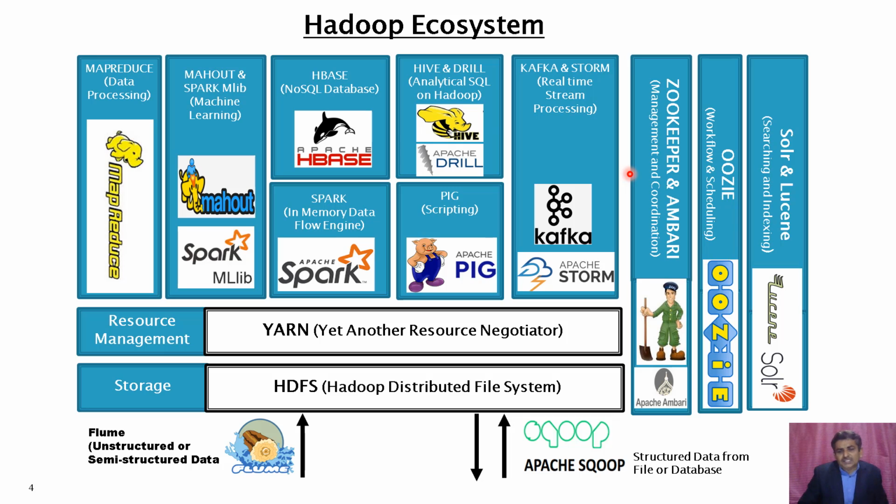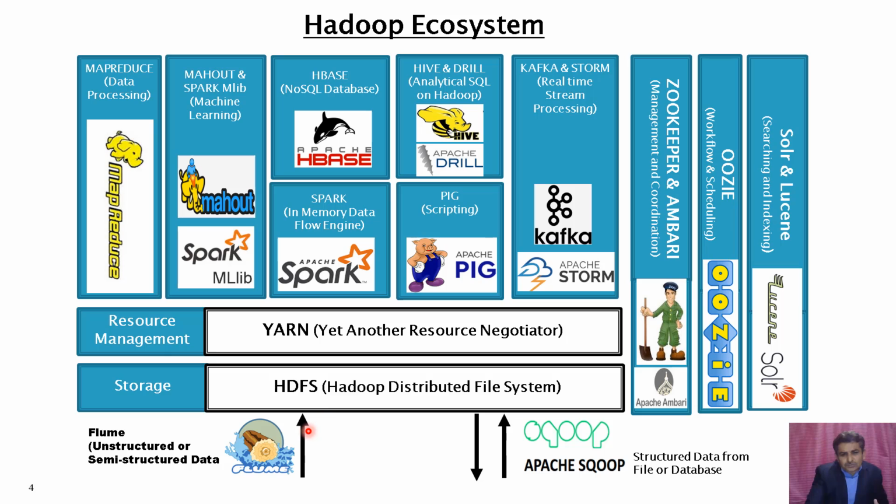Zookeeper and Ambari are responsible for management and coordination. So all the system related configurations are managed by Zookeeper and Ambari. Next is Oozie. Oozie is responsible for workflow and scheduling of jobs. The next component is Solr and Lucene. Solr and Lucene are responsible for searching and indexing.